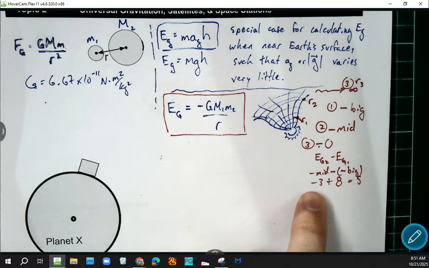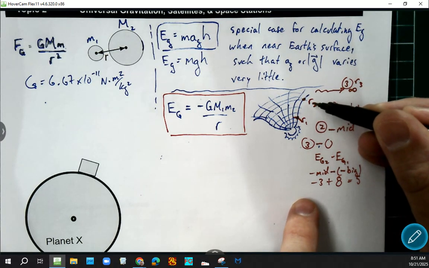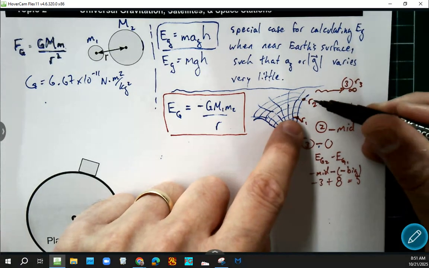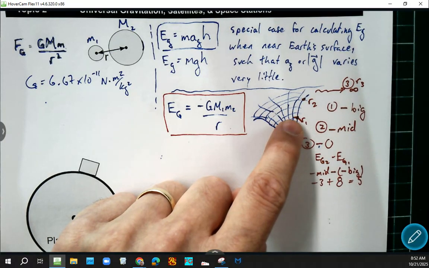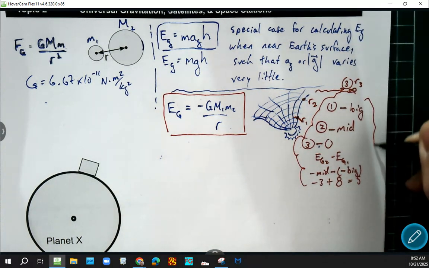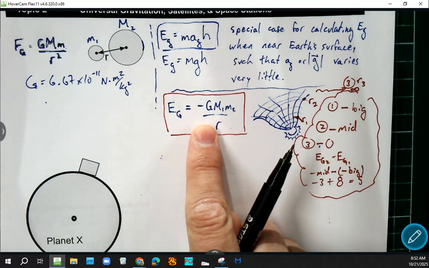What we're saying is that if I go from position 1 to position 2, I would have to do positive work. I would have to give the system energy. In other words, relative to position 1, I would have positive gravitational potential energy. And I've just arbitrarily called position 1 my reference point, right? So with not very deep math, we can say it makes sense that the formula has to have a negative sign out front.